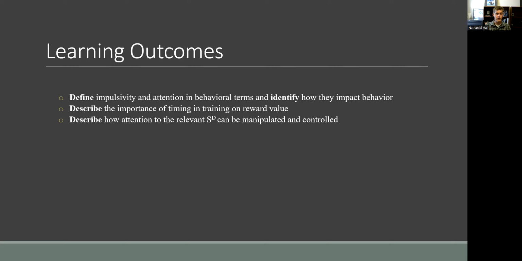We talked about the importance of how values of reinforcers decline quite rapidly with time, meaning that it's very important to have rapid reward delivery or quick access to it, because that will help maintain higher values of that reward, as well as how attention and relevant discriminative stimuli can be manipulated and controlled, as we did by manipulating our backgrounds with colors versus shapes to make sure that attention is on the relevant feature, and using distractors again to modify what the attention happens to be on.